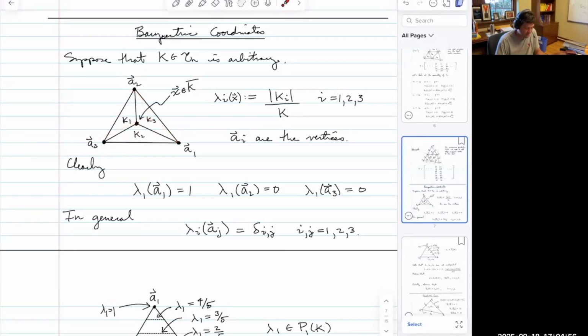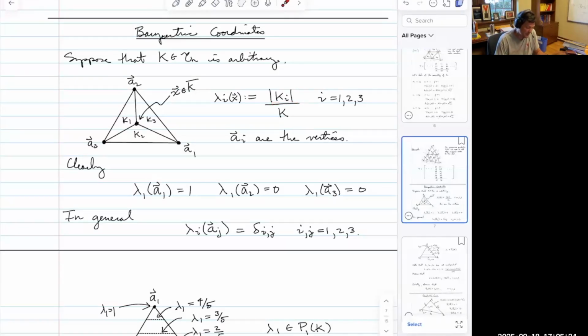If I'm here, then I'll connect these vertices this way. I get three triangles. Now, triangle K1 is going to be the one which is opposite of A1. K2 is opposite of A2, and K3 is opposite of A3. The barycentric coordinate of that point X, the ith barycentric coordinate, is just the area, or the measure, of triangle Ki.